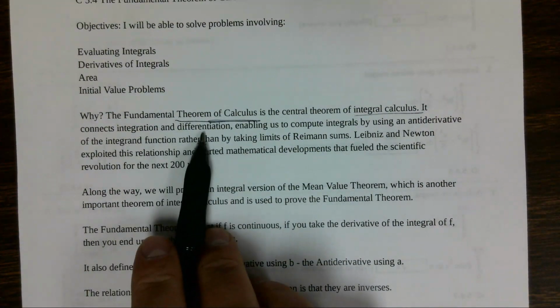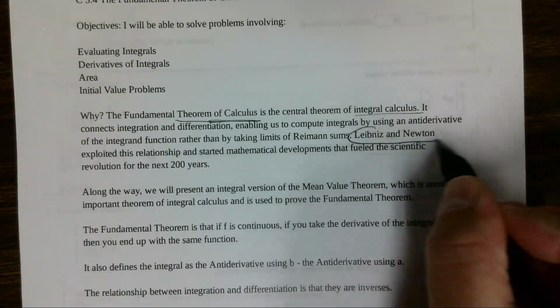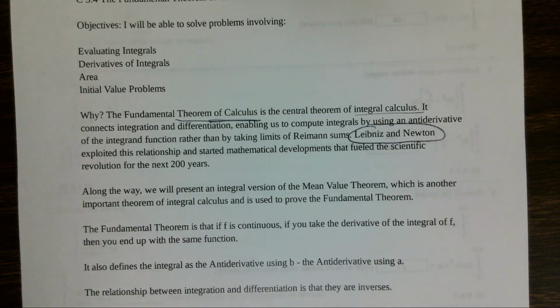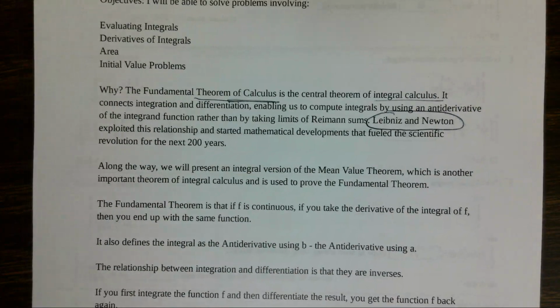It connects integration and differentiation and allows us to compute integrals by using an antiderivative of the integrand rather than taking limits of sums. Leibniz and Newton exploited this relationship and started the mathematical developments that fueled the scientific revolution for the next 200 years.